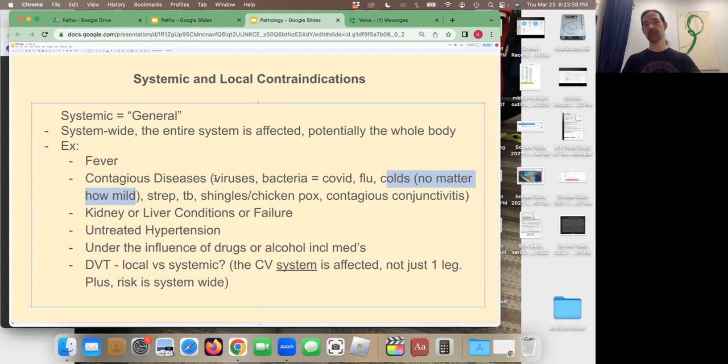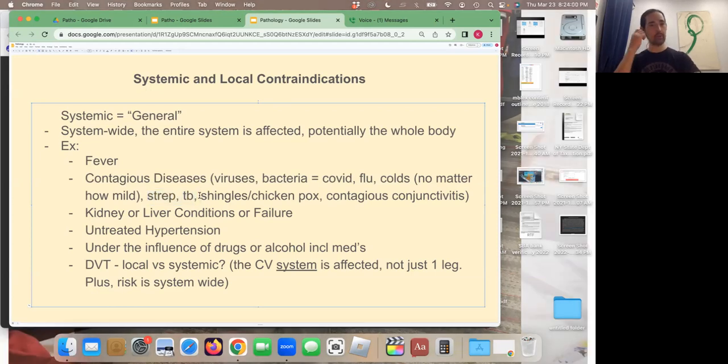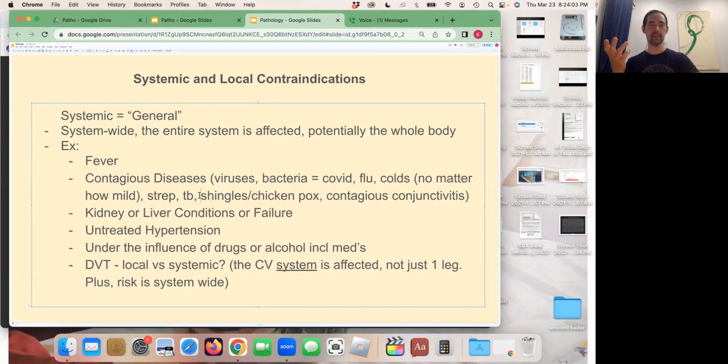So some examples of contagious diseases include any kind of virus, any kind of bacteria. Maybe you've heard of this thing called COVID or the flu. Also strep throat, or strep infection, which you can have on the skin. TB, tuberculosis. Maybe we don't think of TB as something that's that common.